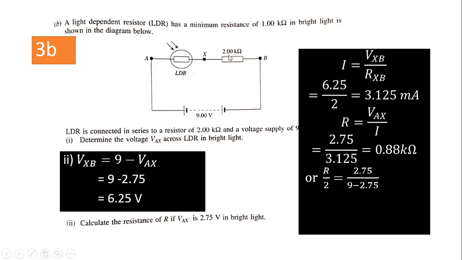Then I can find the current through it. Again, you can use the potential divider formula faster. R divided by 2 is 275 divided by 6.25. R is the R that we want to find. Or if you have forgotten the formula, you can calculate the current first.